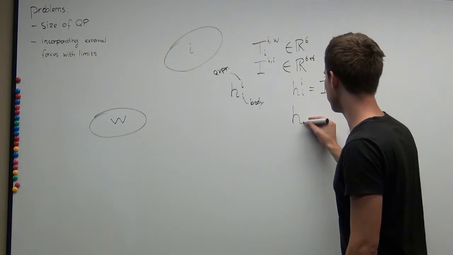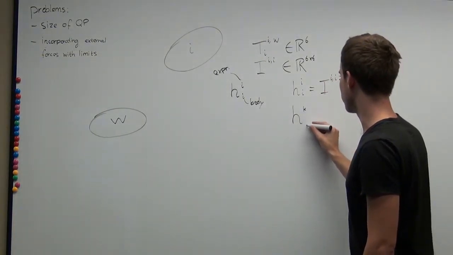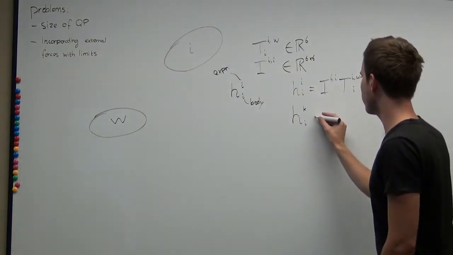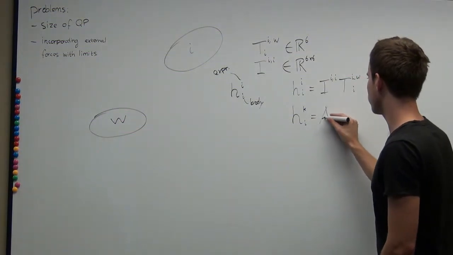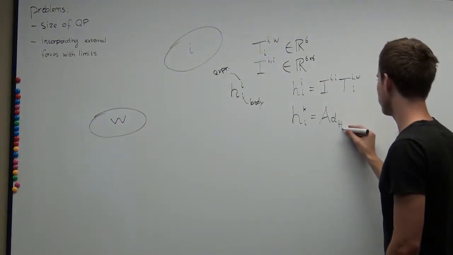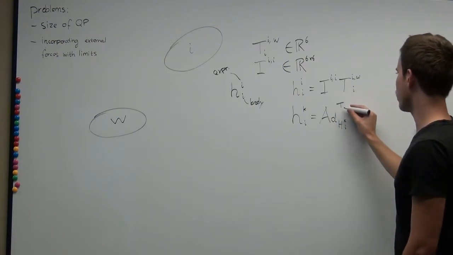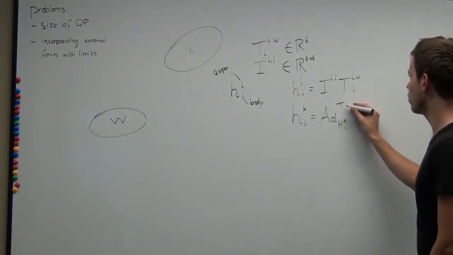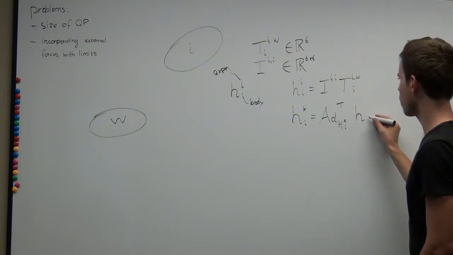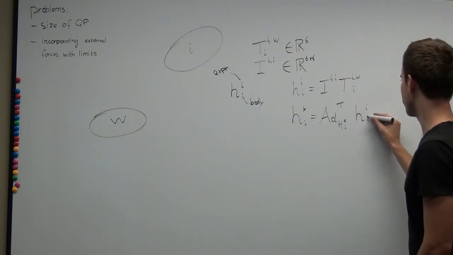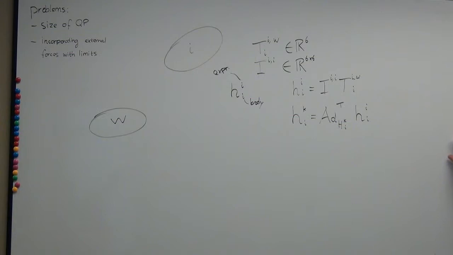The rule is H expressed in K of body I is the adjoint H_K^I transpose. The transpose was for wrenches, times H_I. All right, so those are two things that we're going to need.